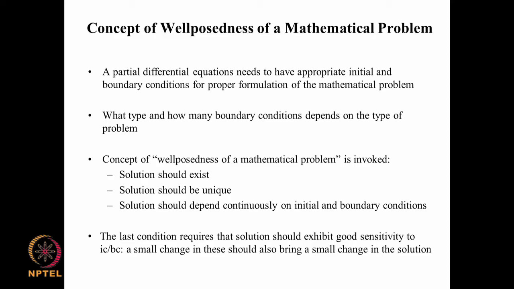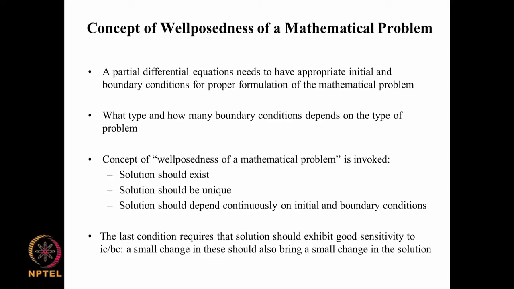And the concept of well-posedness is something that we have to keep in mind in specifying the boundary conditions, and the concept is essentially that there should be a solution, and the solution should be unique, and it should depend continuously on initial and boundary conditions. So the last condition requires that a solution should exhibit good sensitivity to the initial and boundary conditions.